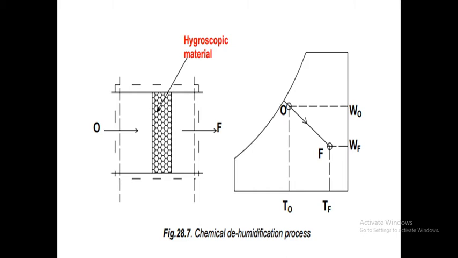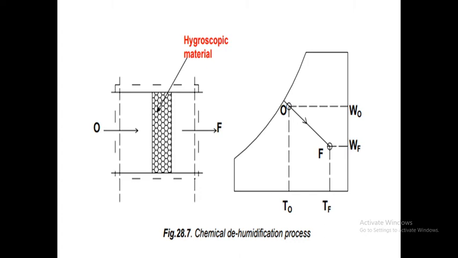Refer to the right side diagram. Once the temperature of the air increases, the moisture content decreases. Are you clear? So these two parameters are inversely proportional. Hygroscopic material can be solid or liquid.